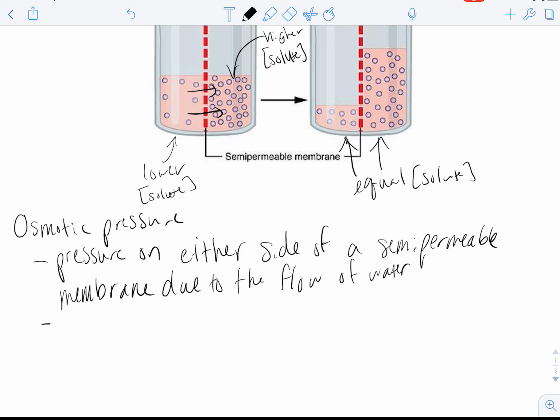Okay, so there's some other ways of defining osmotic pressure. We can also call it the pressure that must be applied to the solution in order to prevent osmosis from occurring.